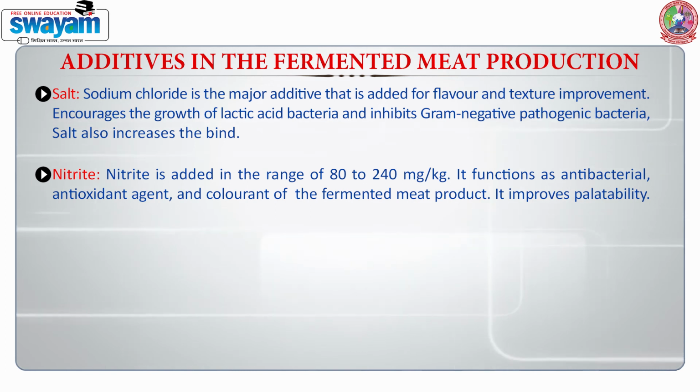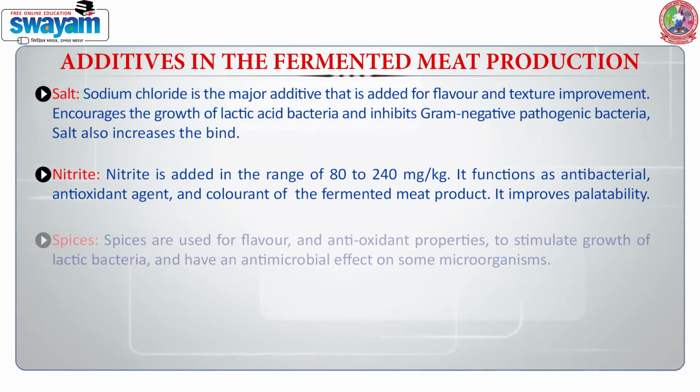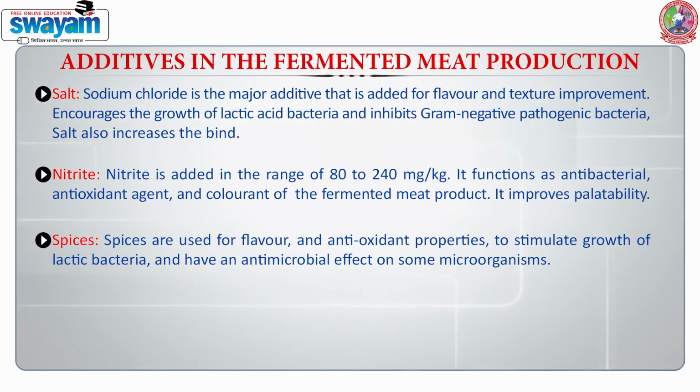It improves the palatability. There are also certain spices which impart flavor and also add antioxidative properties to the product. They stimulate the growth of lactic acid bacteria and also have an antimicrobial effect on the undesirable microorganisms.